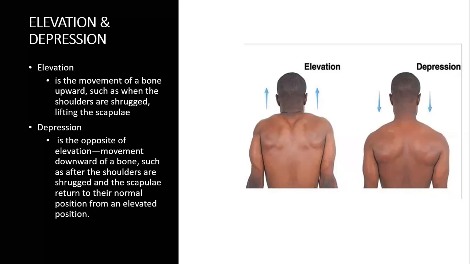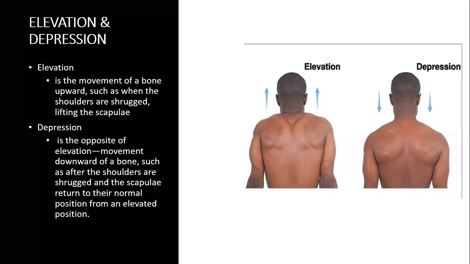Elevation and depression. We also elevate and depress our mandible. When we depress our mandible, we're actually opening our mouth. And when we elevate it, we're actually closing our mouth.